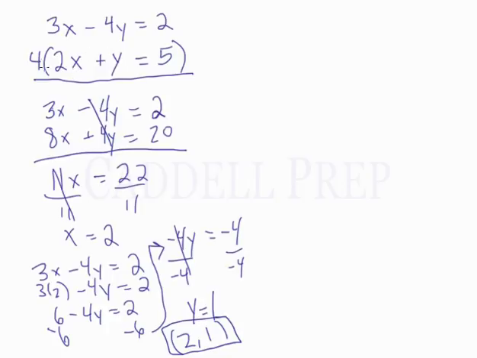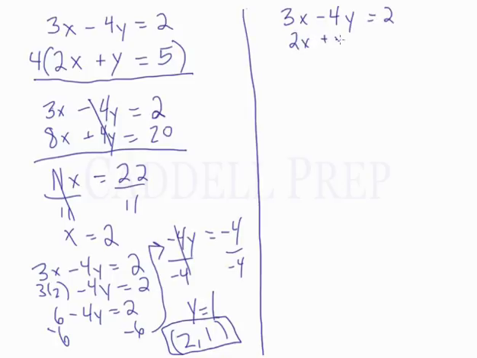So again, we had to multiply one of the equations by a number so that the variable would cancel out. Let's look at a second way of doing this one. Okay, we wanted to get rid of the y, so we multiplied it by 4, so they cancel out.